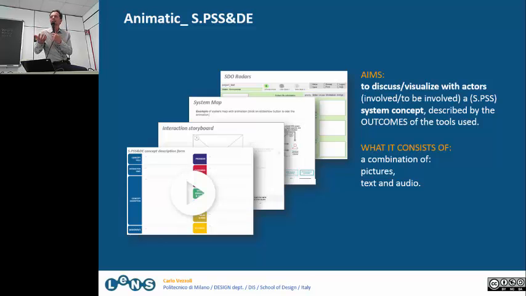When we are designing S.PSS, we are often working with different stakeholders, so there may be a time in which you start involving them, and that could be used as well. What is made comes out of pictures, text, audio, and so on.